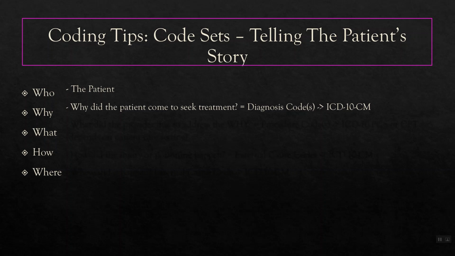So an important thing to remember is that you cannot use a procedure code, whether it's ICD-10-PCS or CPT, without providing a diagnosis code. So every claim has to have why the patient came, and that's ICD-10-CM.